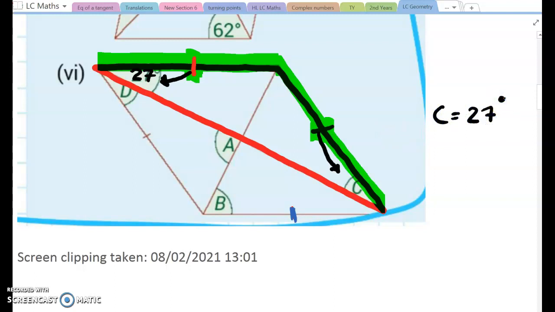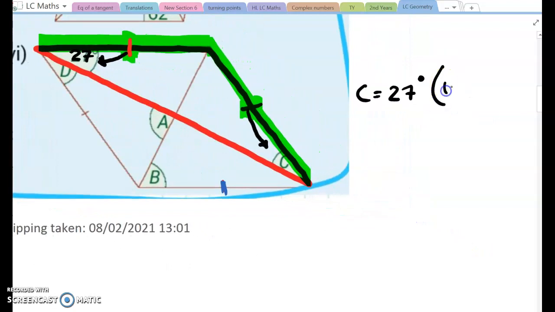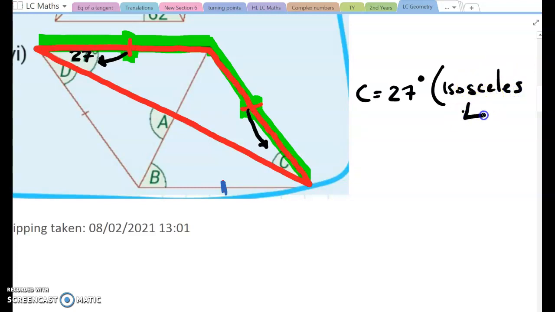I know we're doing things slightly out of order here. We should try and find A first, but go whatever comes naturally. Now C is equal to 27 because of that isosceles triangle rule. Isosceles, I-S-O-S-C-E-L-E-S, triangle. Okay, so now I have what C is.